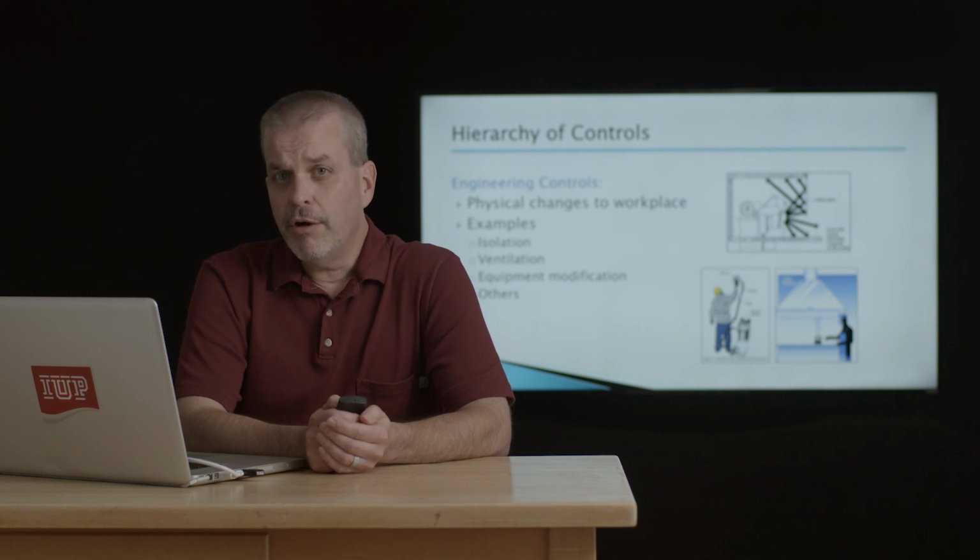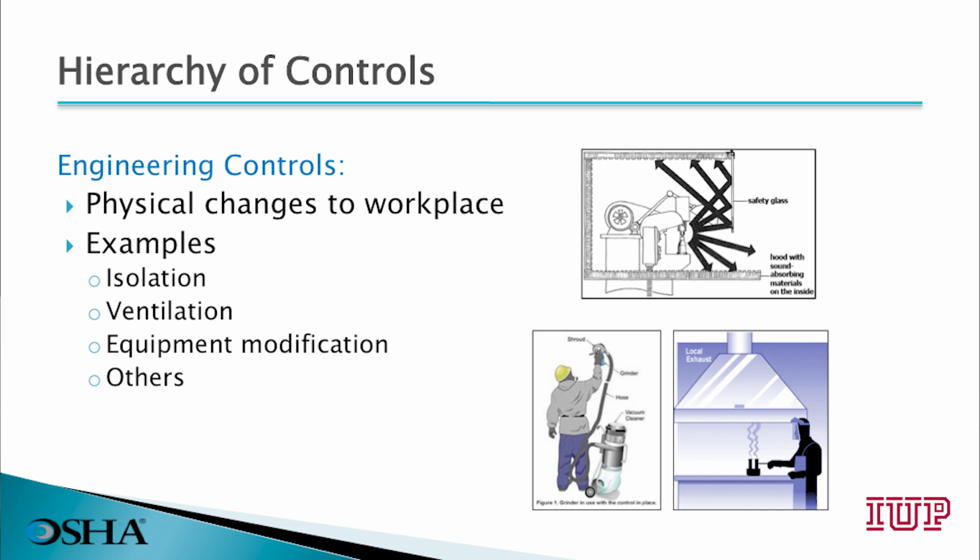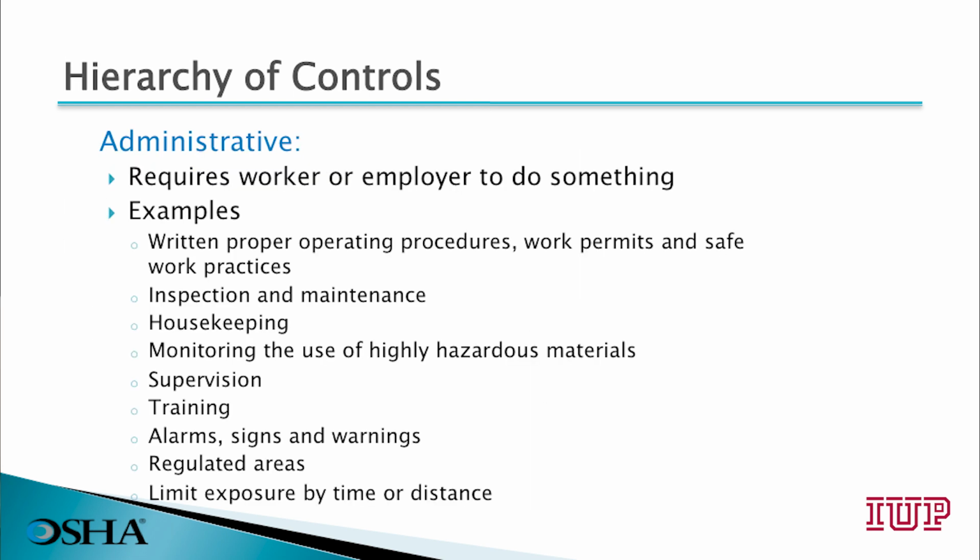Next on our list of hierarchy of controls are engineering controls. These are physical changes made to the workplace, and examples of engineering controls include isolation, ventilation, or equipment modification. Next on the hierarchy of controls are administrative controls. This requires a worker or an employer to do something.